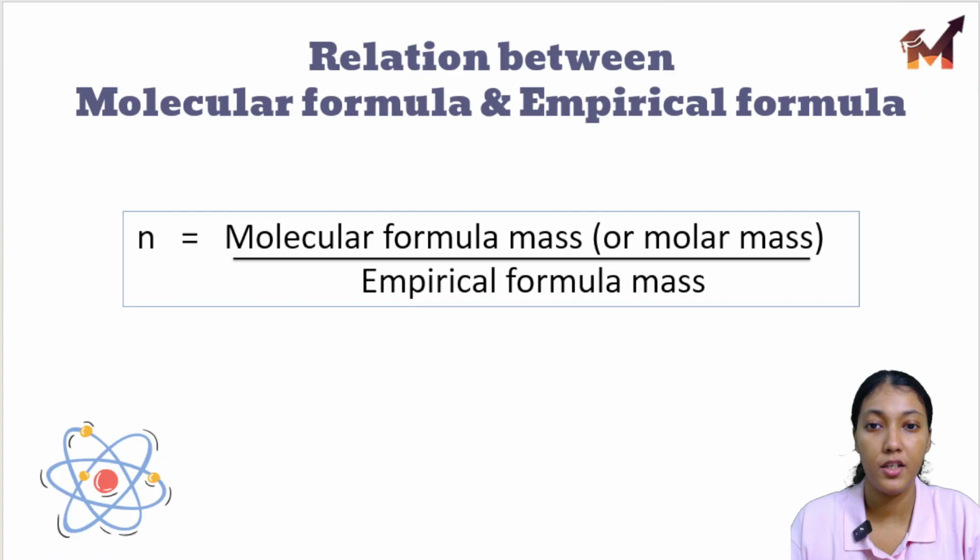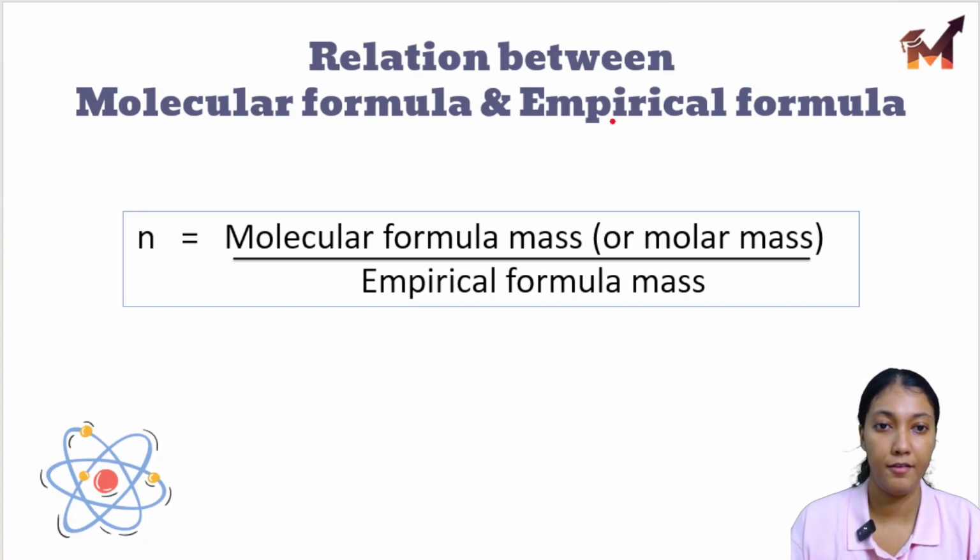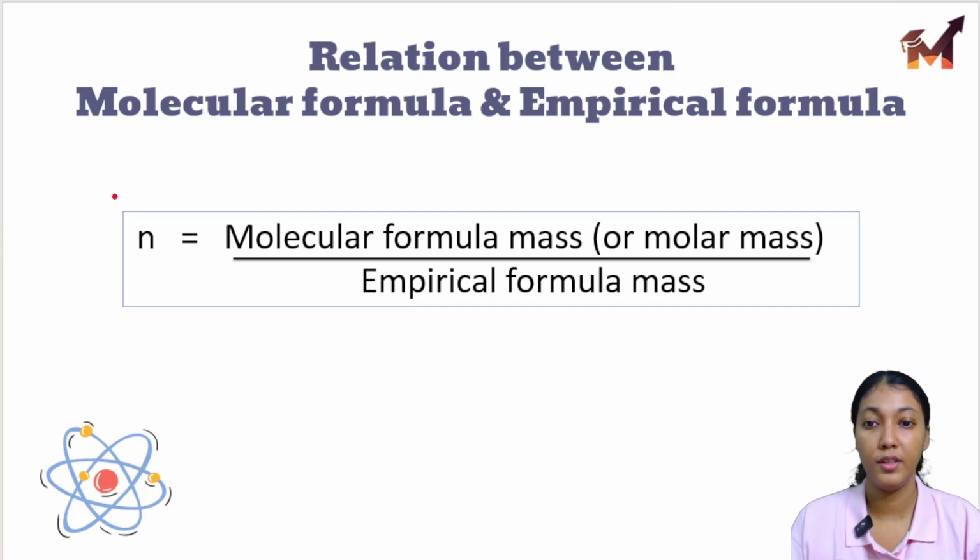Now we will see the relation between a molecular formula and empirical formula. There is a simple relation between these two formulas. This is the real formula, which is the molecular formula, and empirical formula, which just gives the ratio of the atoms. So the relation is N equals molecular formula mass or molar mass divided by empirical formula mass.